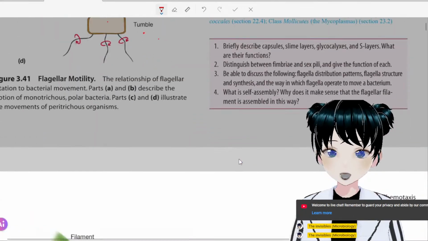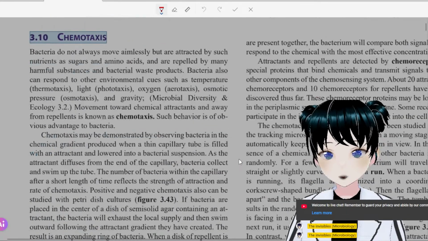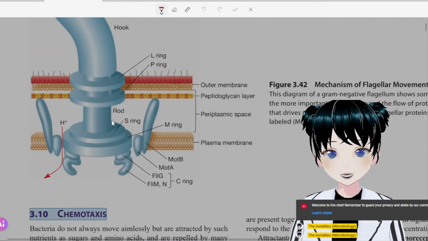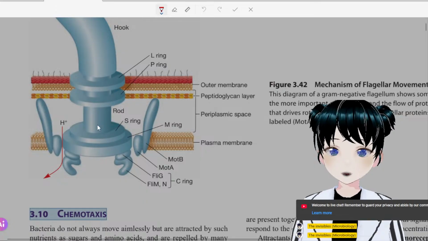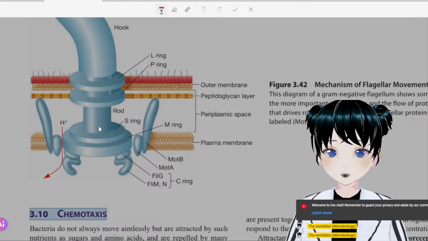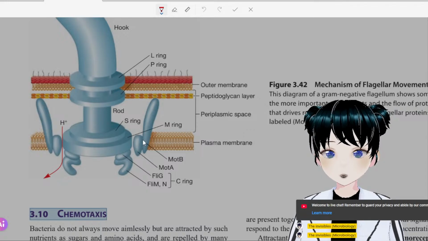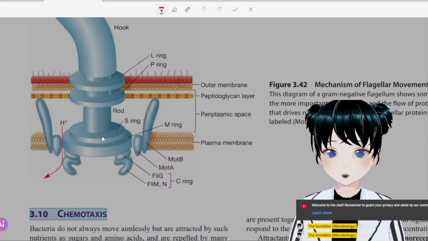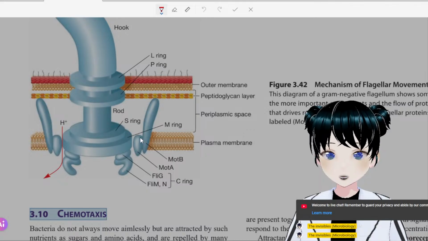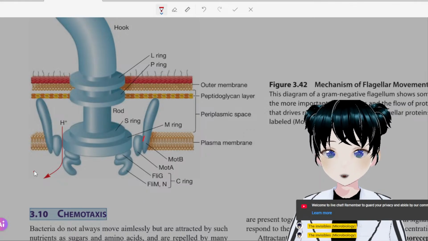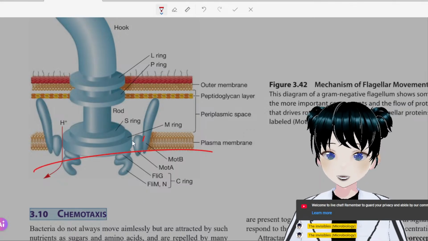Okay, I was not talking about the movement. I wanted to show you the energy that comes for the movement of this flagellum. Now we have different proteins attached to these rings and the plasma membrane. See, in this diagram you can see that these are not attached directly.